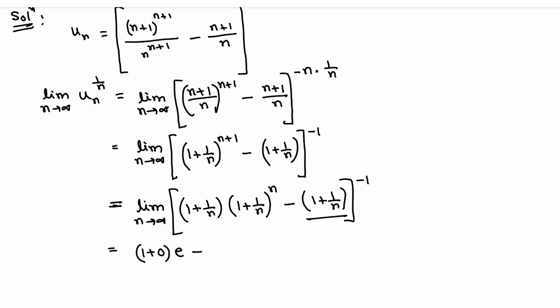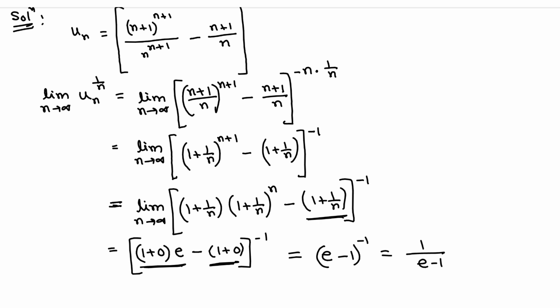Minus, this is 1 plus 0 whole to the power minus 1. So what are we getting? From here you are getting e, and from here you are getting 1 whole to the power minus 1. So this equals 1 by e minus 1.